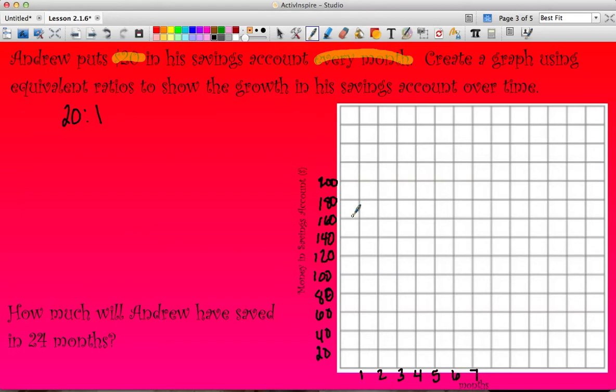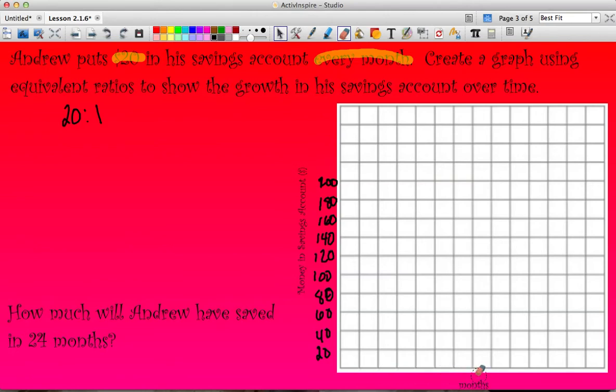Okay, so if I look down at the bottom down here though, I can see that it says, how much will Andrew have saved in 24 months? Well, if I leave my graph the way that it is, there's no way that I will be able to show 24 months of growth. So what I need to do is think of a way to make 24 months fit on the graph.